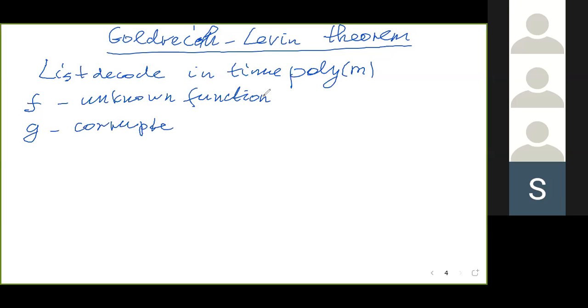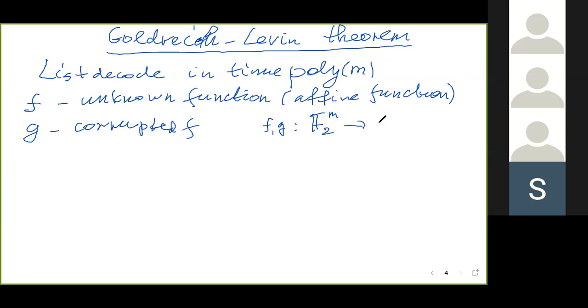The unknown function is a linear function, an affine function. The corrupted function is not an affine function at all, it's just some function. Both functions map F2 to the m to F2.